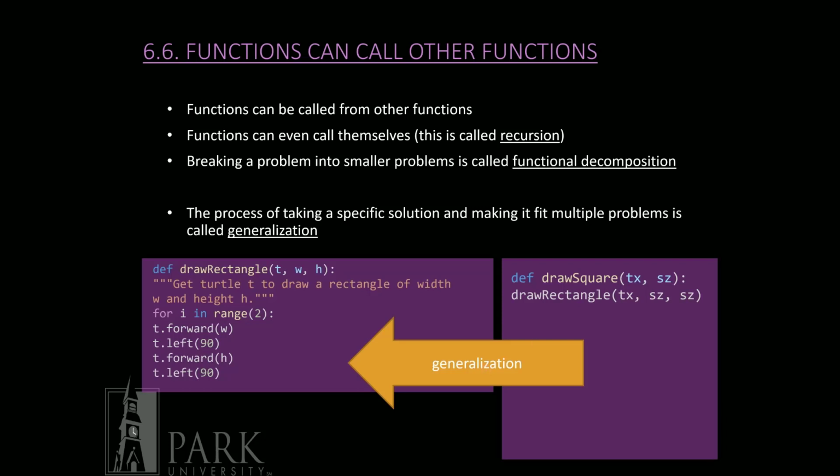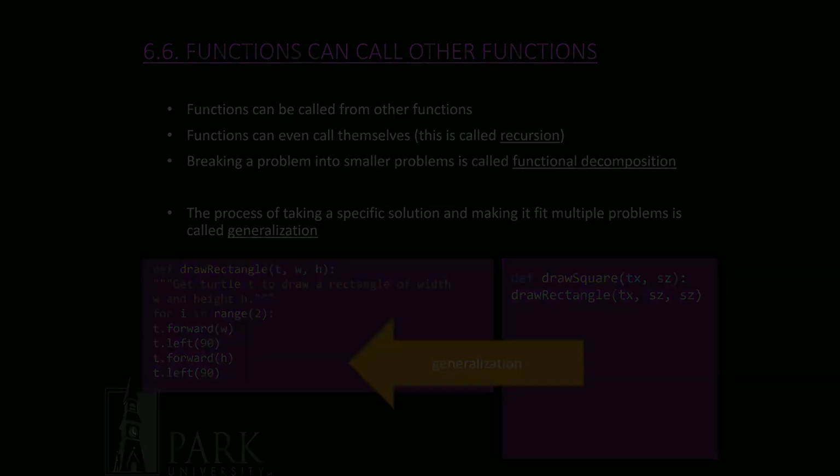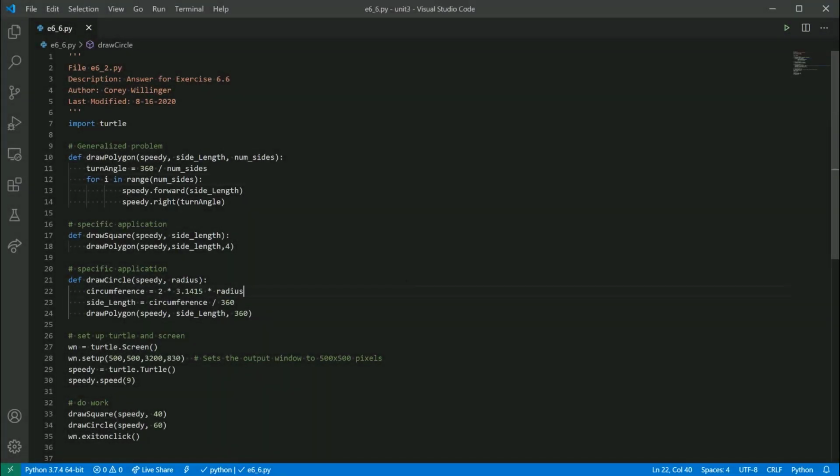So let's take a look at this in the code again. Here I have a program that will draw a polygon. So that's the generalized problem, right? But here we have a specific application. We want to draw a square, so we simply call draw polygon, where we pass in the length and we pass in a turtle and we pass in the number of sides that we want to draw.